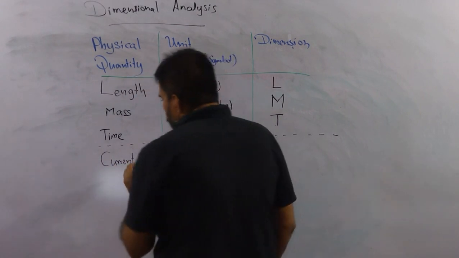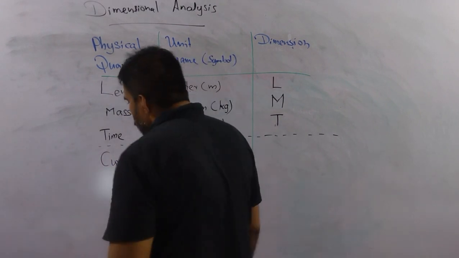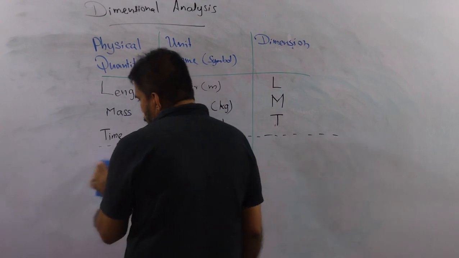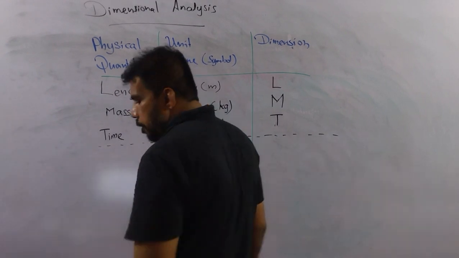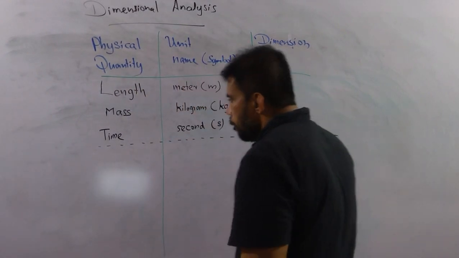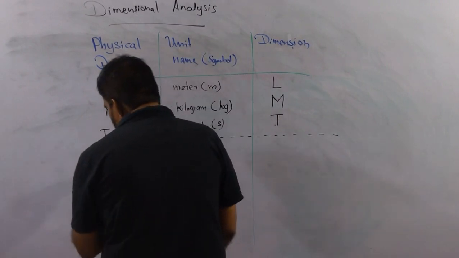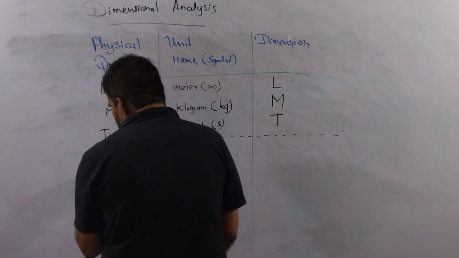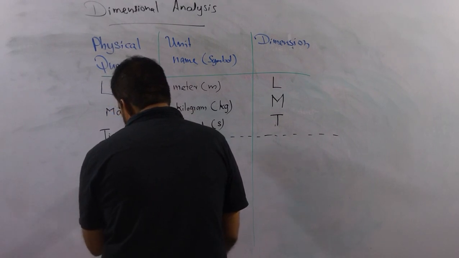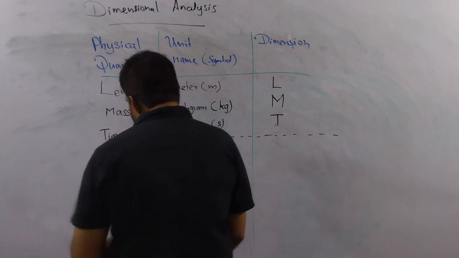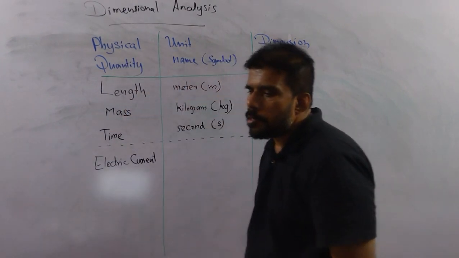So this is current, or electric current. The correct term is electric current. Why? Because if you study further on this subject, you will understand there are many more currents you are dealing with.